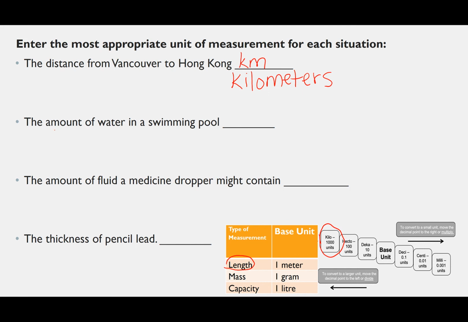The next one, the amount of water in a swimming pool. For this one, this type of measurement is capacity, because it is asking how much of something can be in the swimming pool.